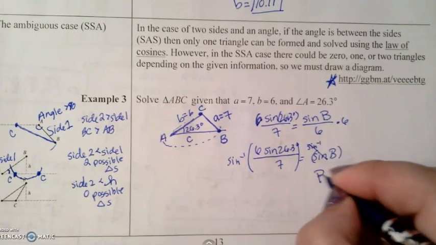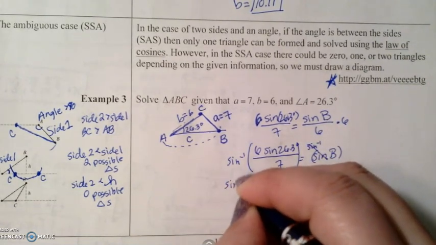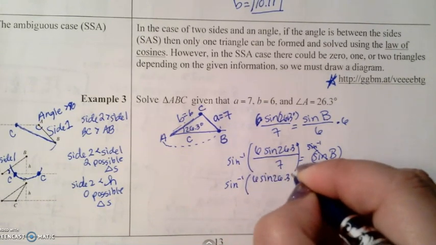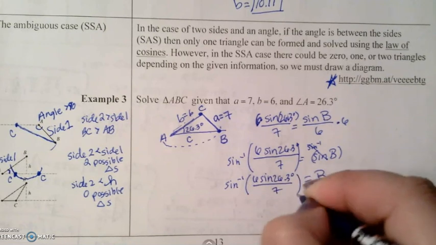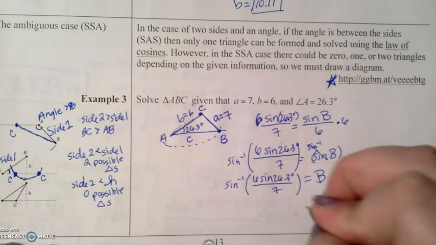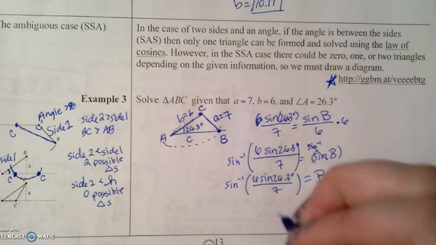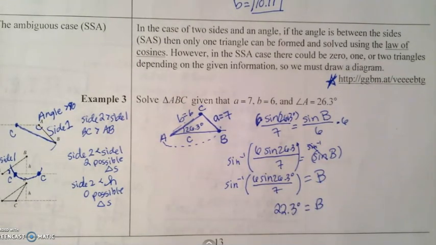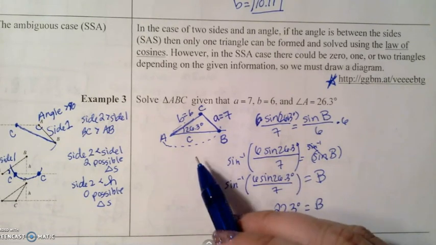So B equals sine inverse of 6 times sine of 26.3 degrees divided by 7. Again, making sure that our calculator is in degree mode. Punch this into the calculator and you'll get that B equals 22.3 degrees.